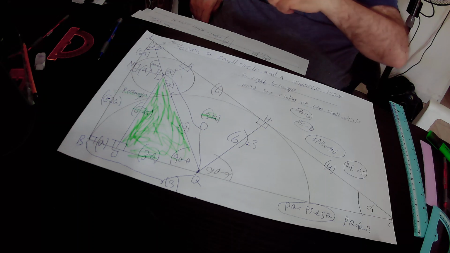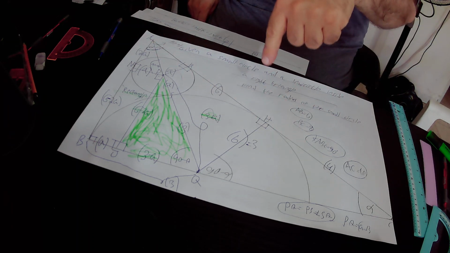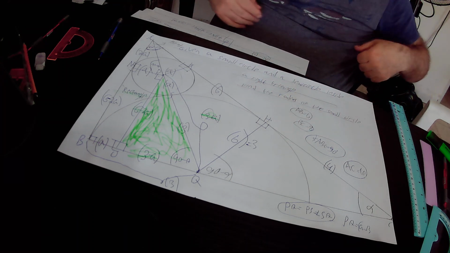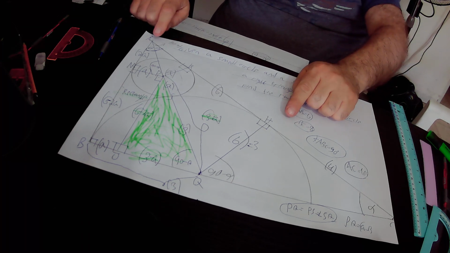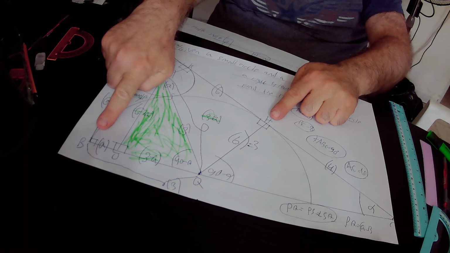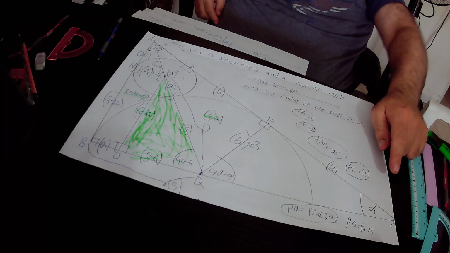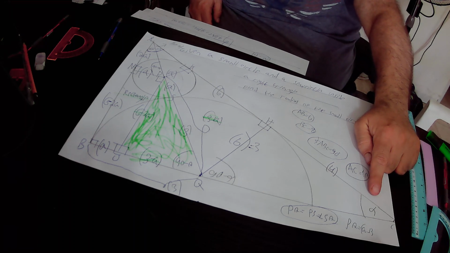In the next step, we prove that the right big triangle ABC is similar to this right triangle HQC. So, why are those two triangles similar to each other? First of all, those two angles are both equal to 90 degrees, therefore they are equal to each other. In addition, this is angle alpha, that is a common angle that belongs to both triangles. So I can write down that angle alpha equals itself.